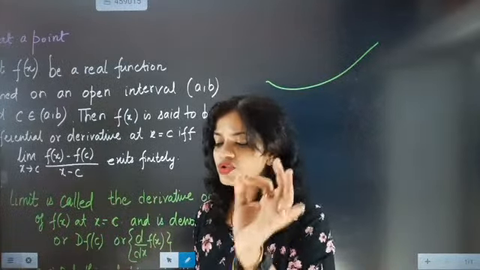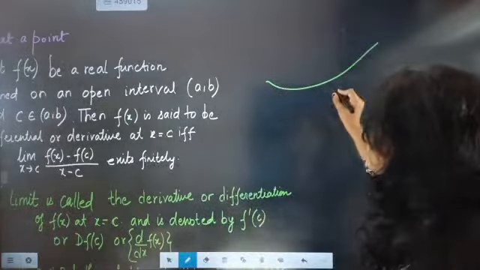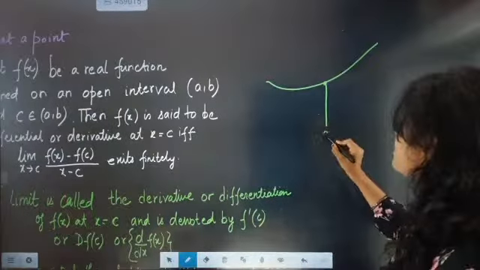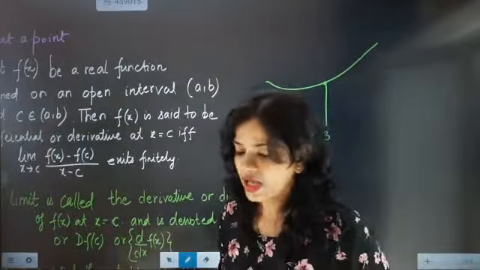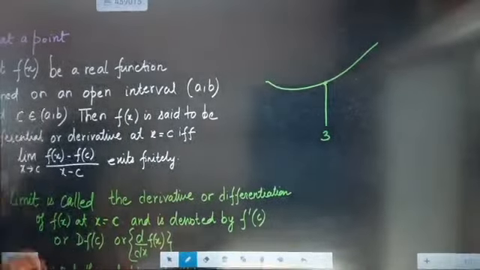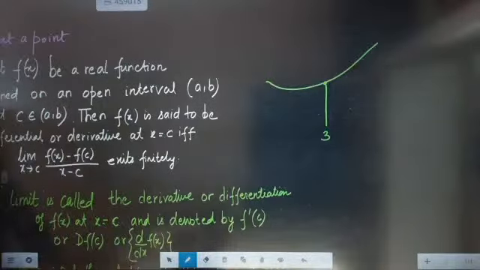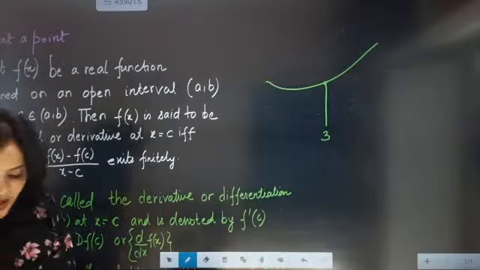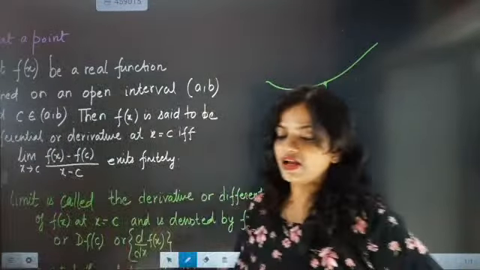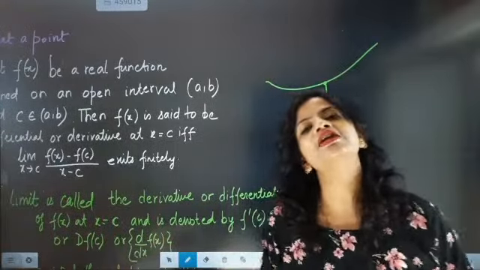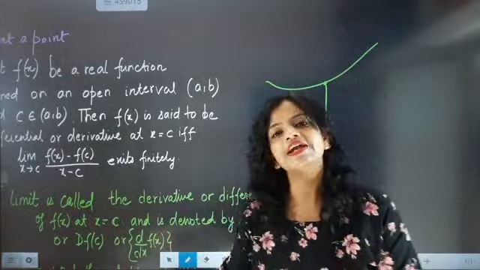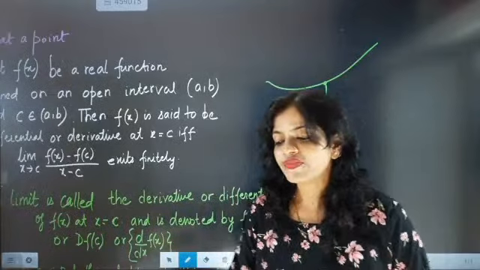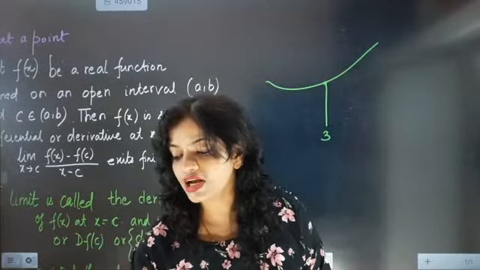When I check the limit at a point, say the limit exists at x equal to 3, then we check the left hand limit and the right hand limit. When we get both the left hand and right hand limits, then we finally say that the limit exists.